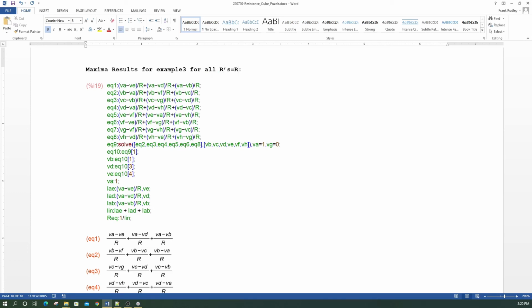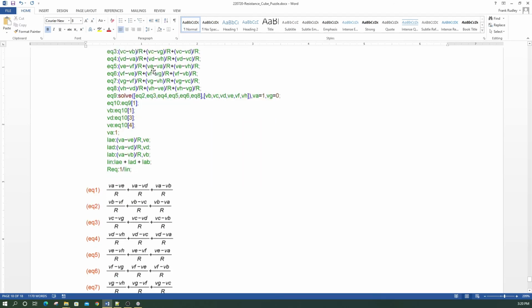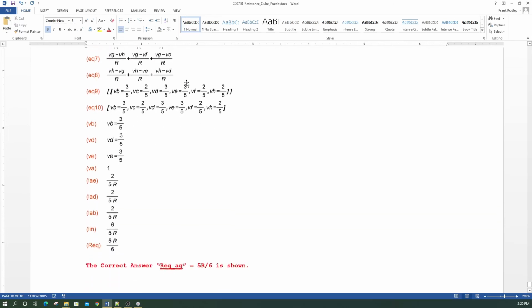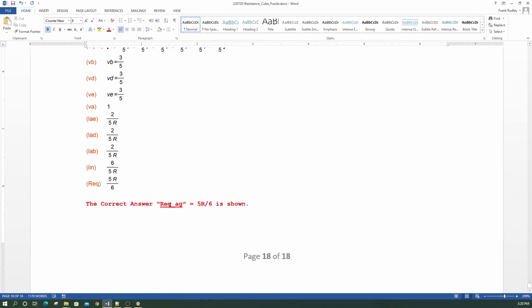I could have put capacitors or inductors, or used this method for different shapes. So anyway, the correct answer is 5R over 6 as shown, and that's what we got from Maxima. So this is one way to solve it, and I think it's a more general way to solve it.